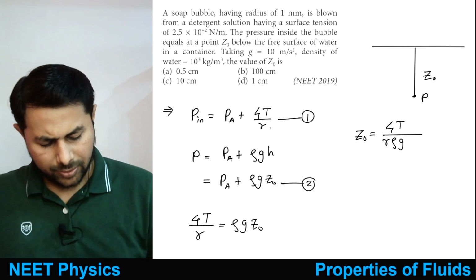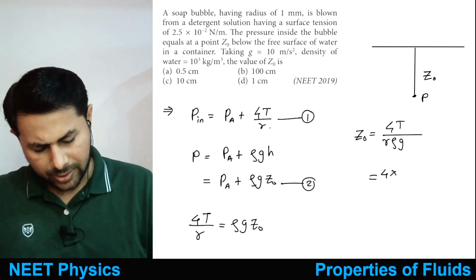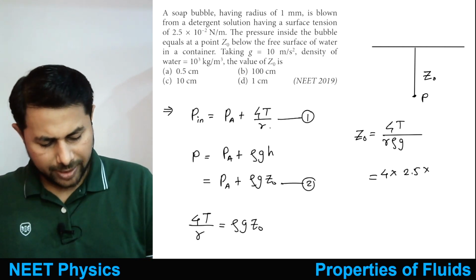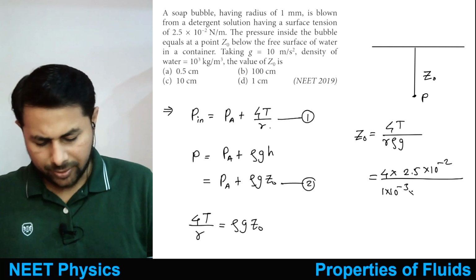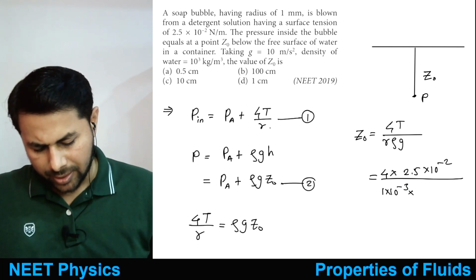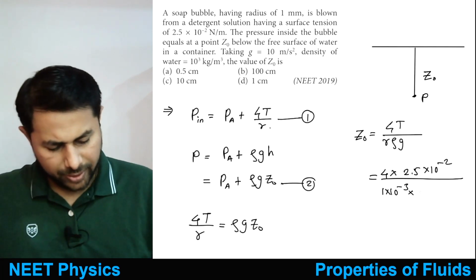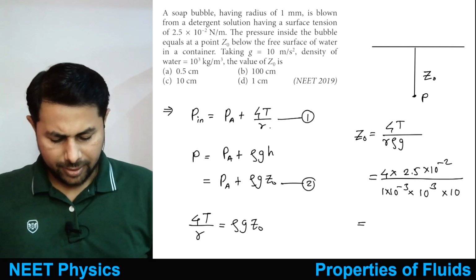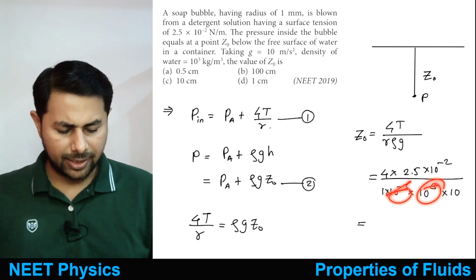Okay, so it is equal to 4 times surface tension, 2.5 multiplied by 10 raised to minus 2, divided by R. R is 1 mm, 1 into 10 raised to minus 3. Rho is water only, so rho is 10 raised to 3, of course. Okay, and G is 10. So if we solve this, what do we get? 10 raised to 3 minus 3, this thing gets cancelled out.